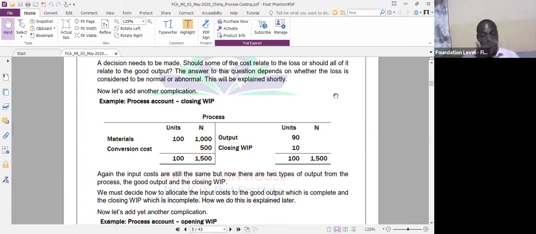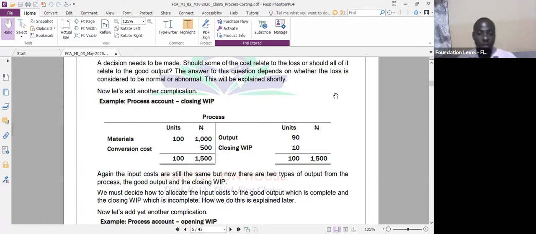It means that there are certain things that are not final product or not output, but they are yet to be completed to finish that process so that you get to the next process. It is yet to be completed. We call it the closing work in progress. How will you value the closing work in progress?